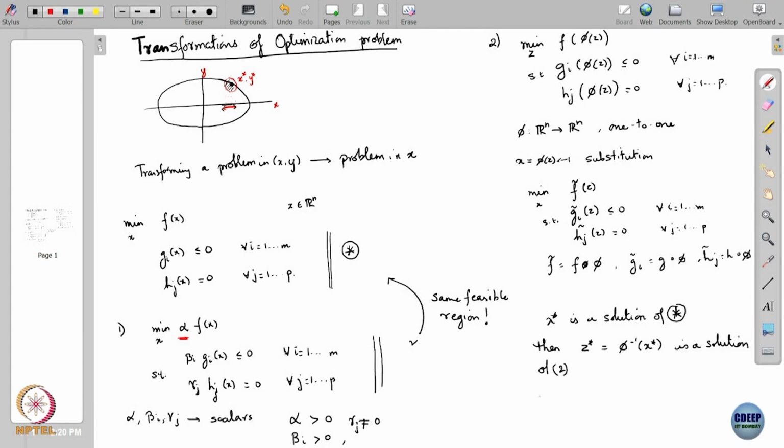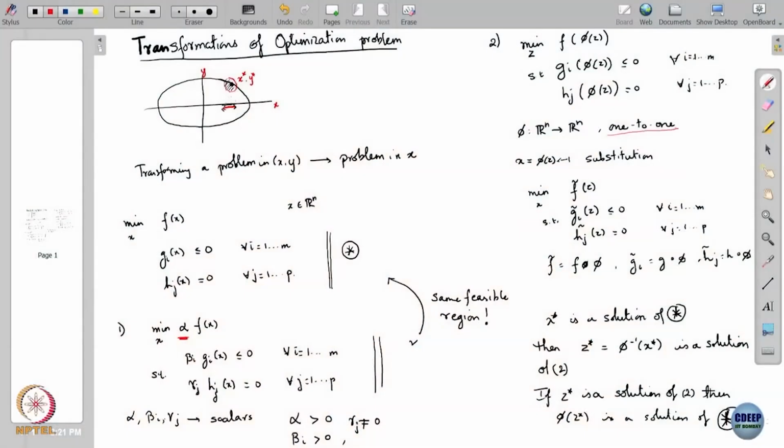And likewise, if z star is a solution of 2, then phi of z star is a solution of star. Now, I want to emphasize once again that phi is 1-to-1. Okay, because without that, this is not going to work.